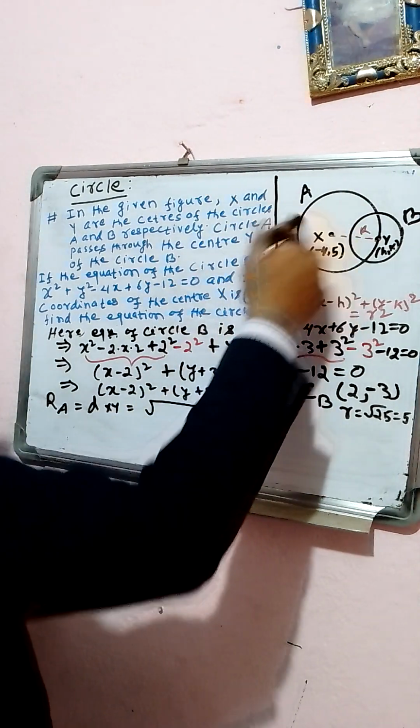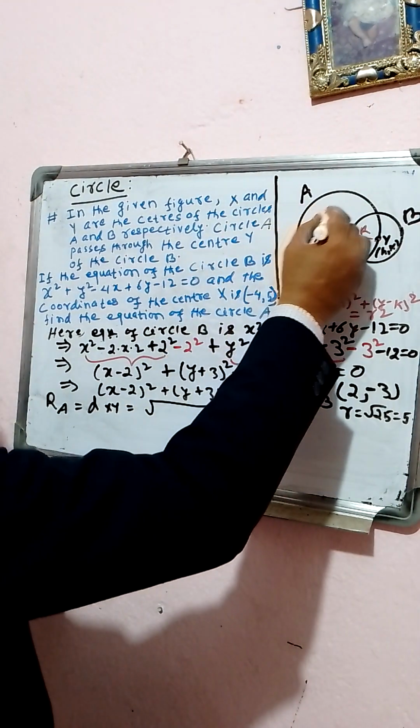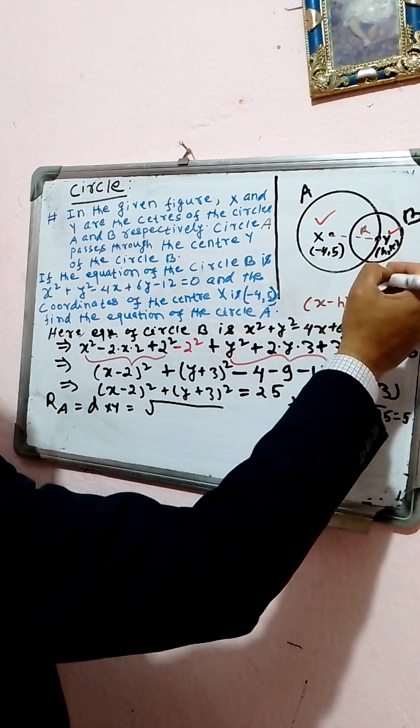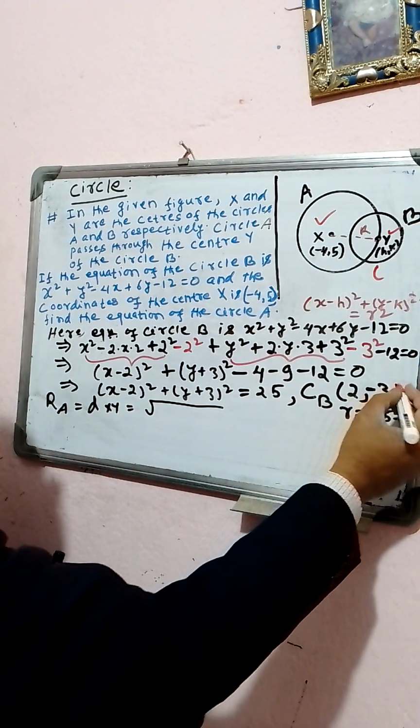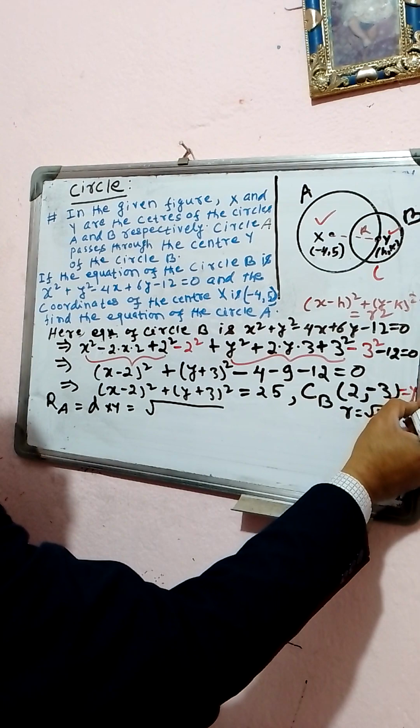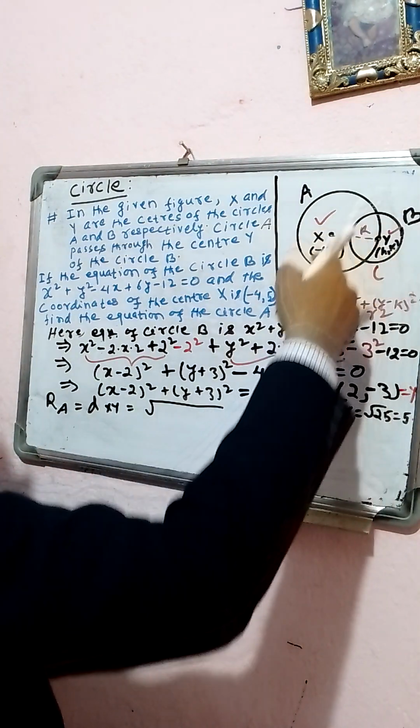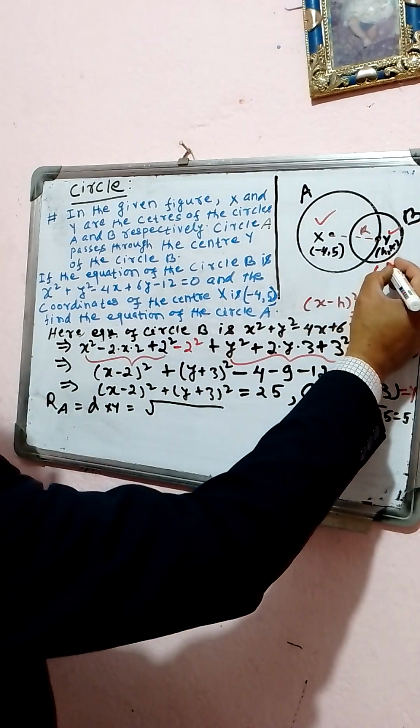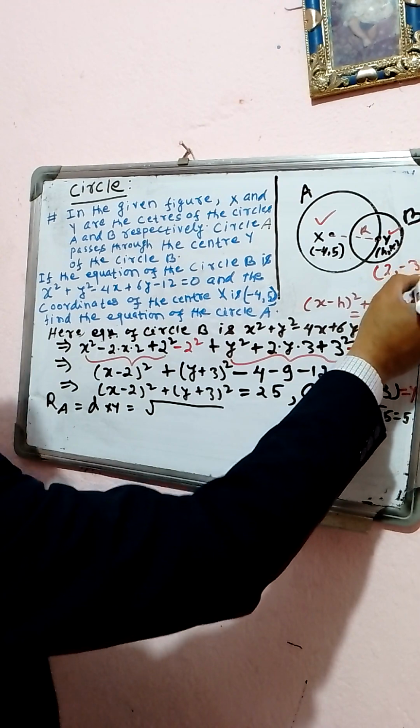You can take these 2 points X and Y. Here we already found the point Y, the center of circle B, as 2 and negative 3.